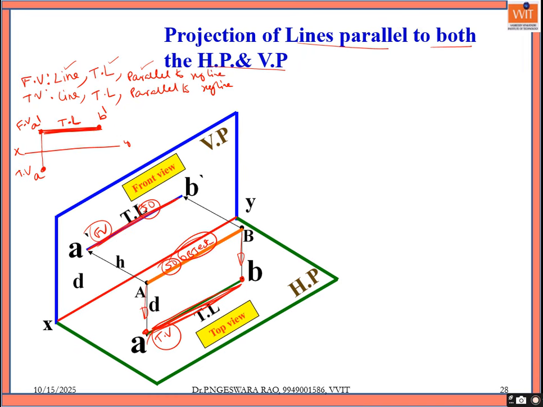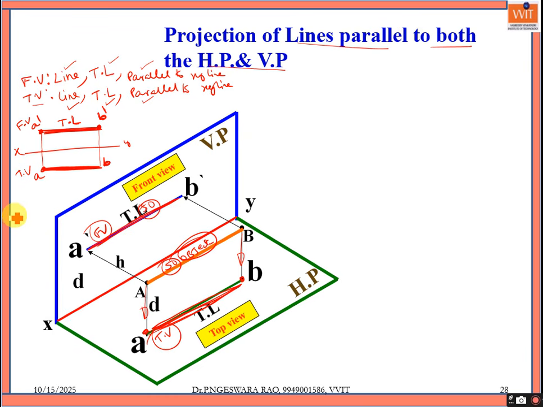This is the B dash point. Now draw the projector from here. Similarly, in the top view also we need to draw the line with the true length parallel to the XY line. Draw the image in the top view also, as a line parallel to XY. This point will be the B point, and this point will be B dash. So this is the solution we need to draw.